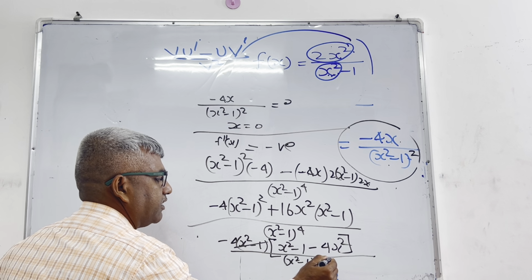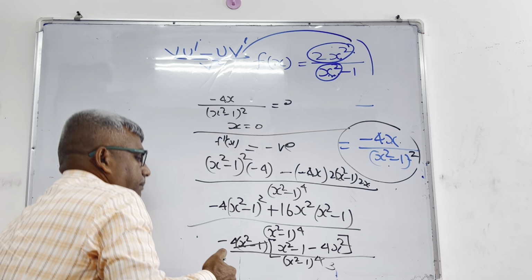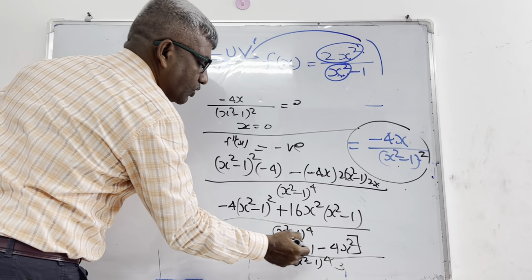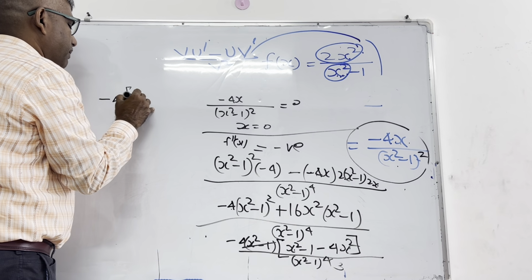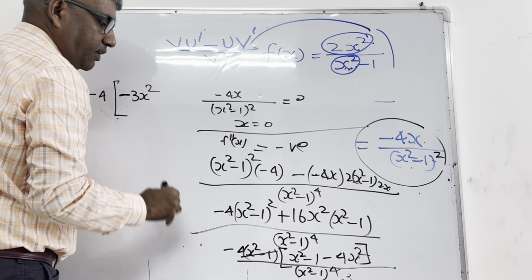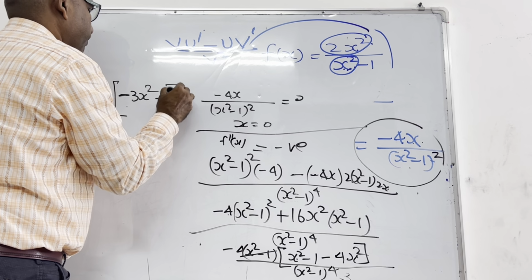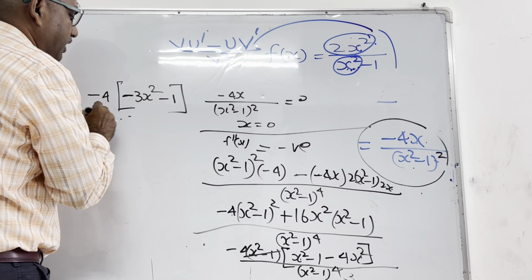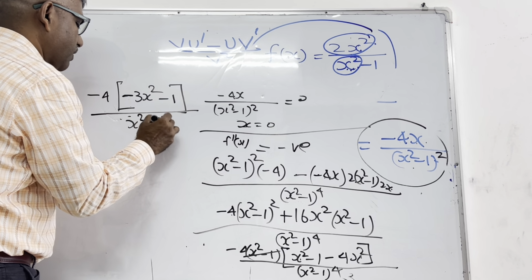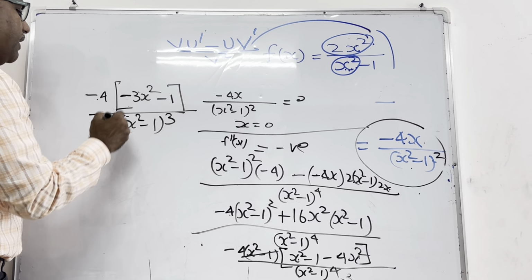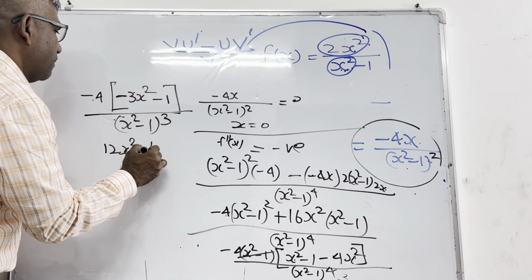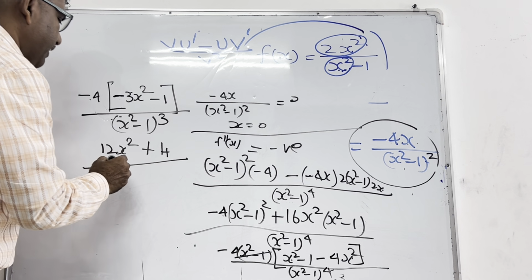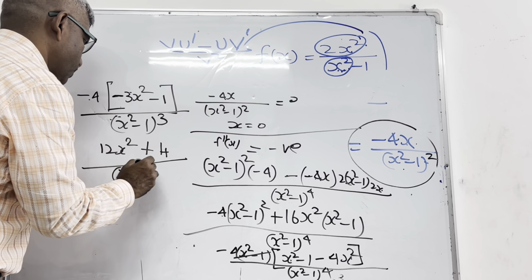This will cancel. So what will happen? Minus 4 times x squared minus 4x squared is minus 3x squared minus 1, divided by x squared minus 1 whole cube. It will be plus 12x squared plus 4 divided by x squared minus 1 cube.